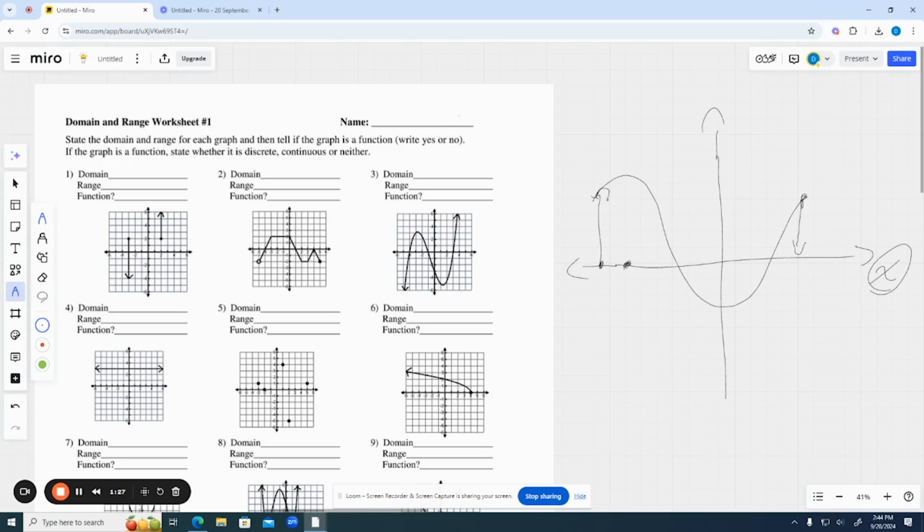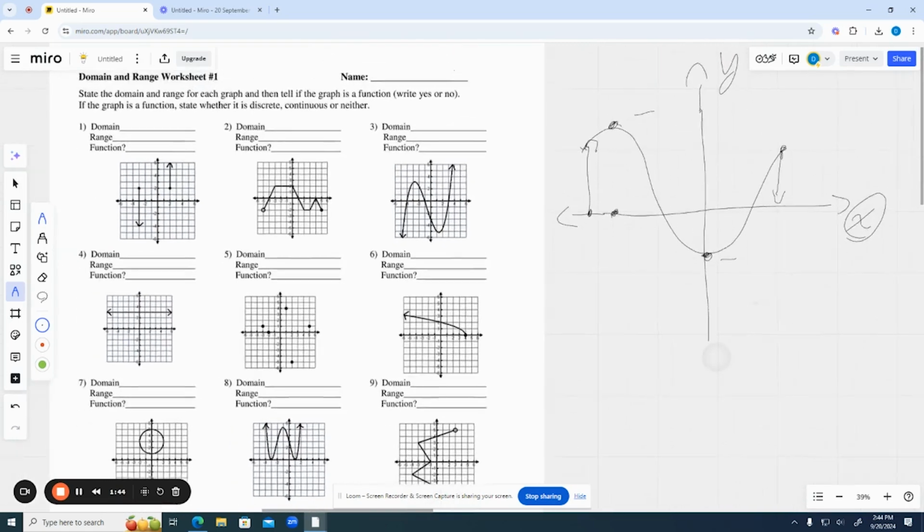And similarly, your range would be defined as everything from the y. So from here to here, those peaks where the y range is encompassed. And so that's what it's defined as, right?